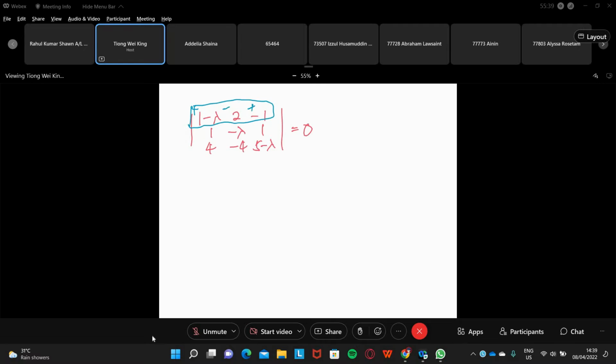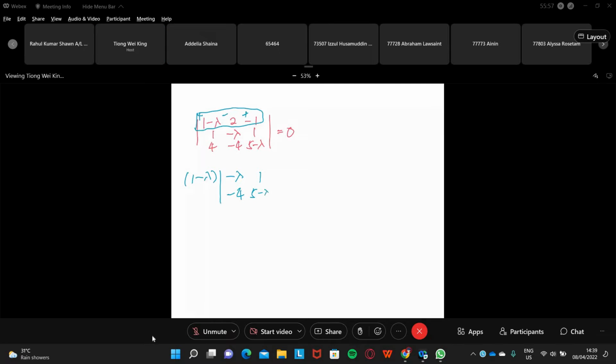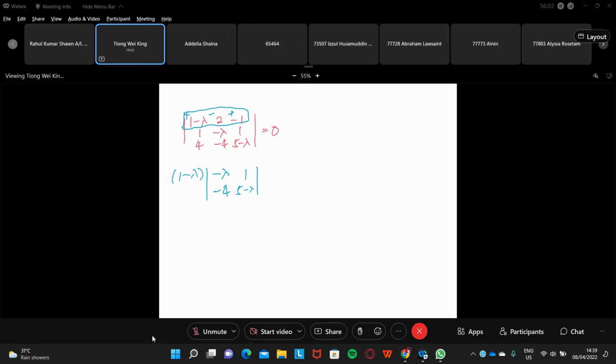So you have a 1 times 1 minus lambda, and this is the first term, and then minus 2 times the minor with 1, 4, 1, 5 minus lambda, and then minus 1 here, since the plus minus gives minus 1, times 1 minus lambda.